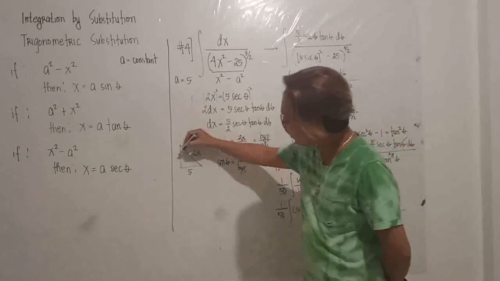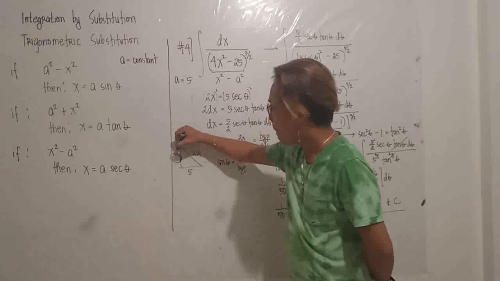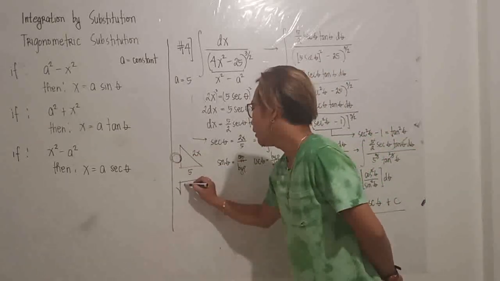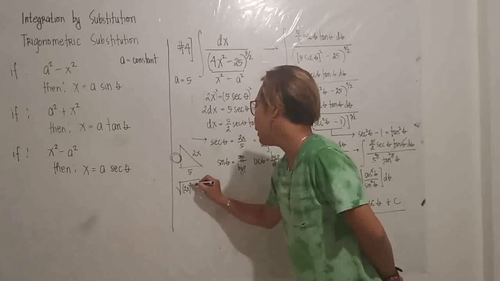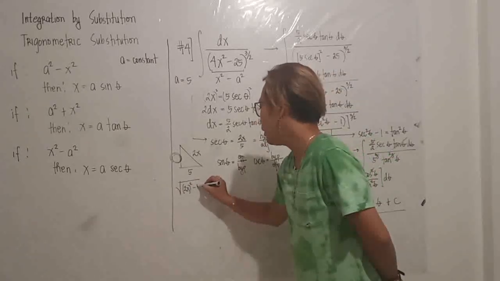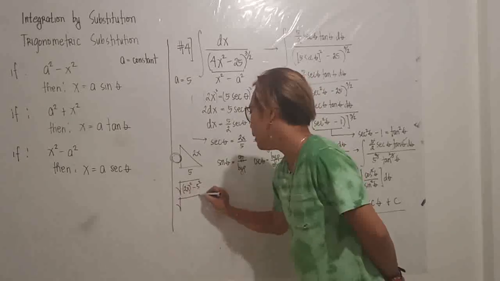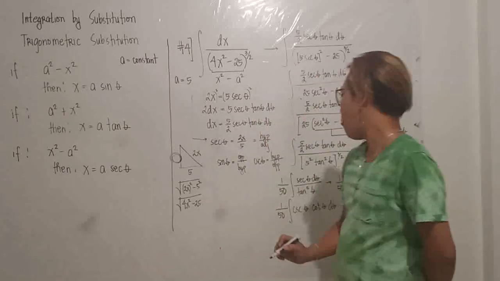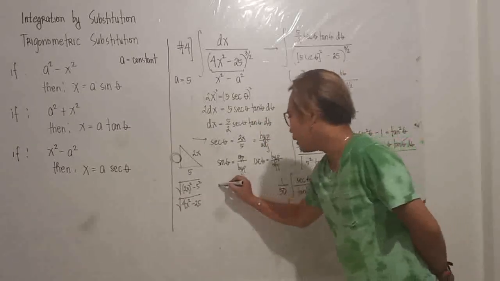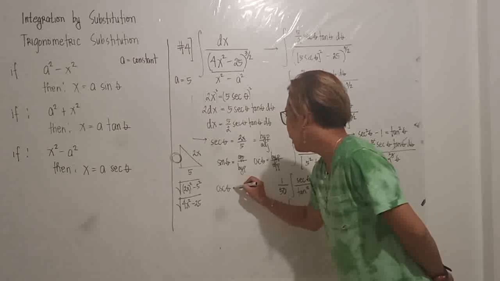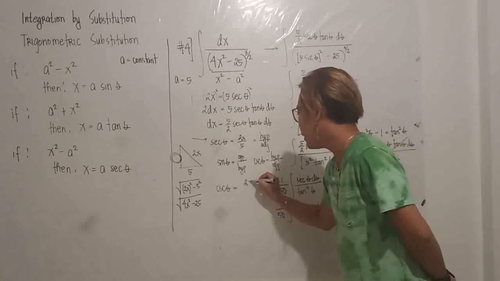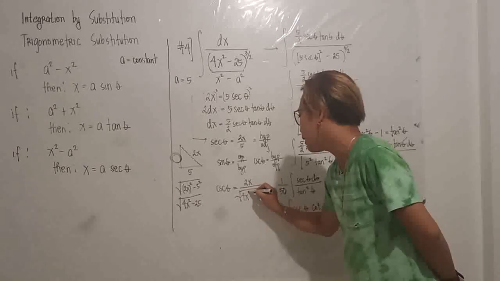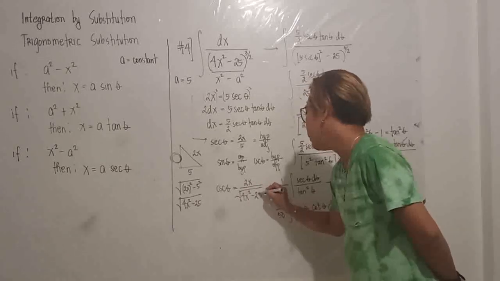So you need to get the opposite side. The opposite side is now the square root of 2x squared minus 5 squared, or simply 4x squared minus 25. So the cosecant theta is now 2x over the square root of 4x squared minus 25.